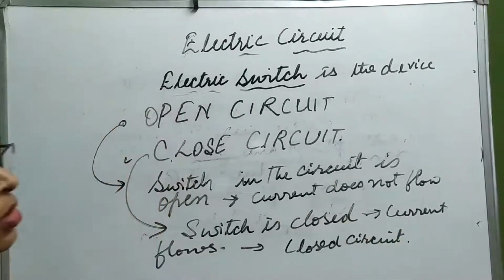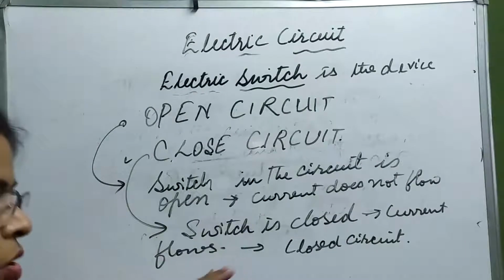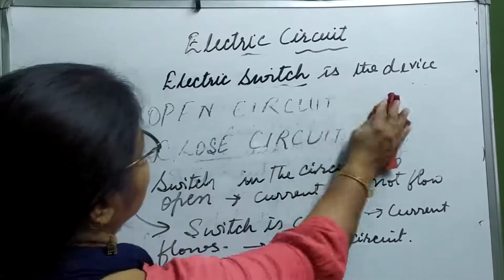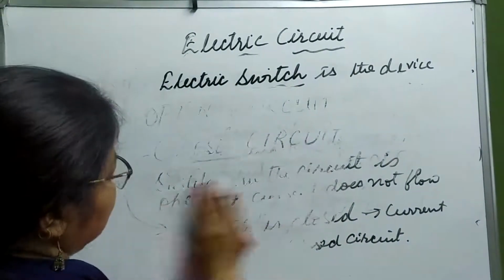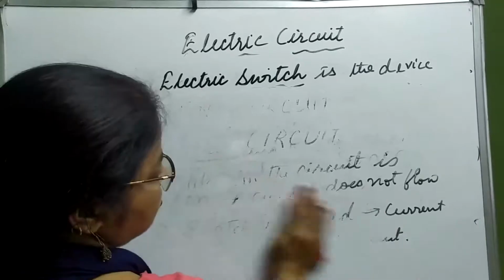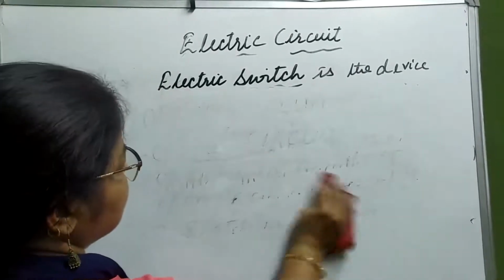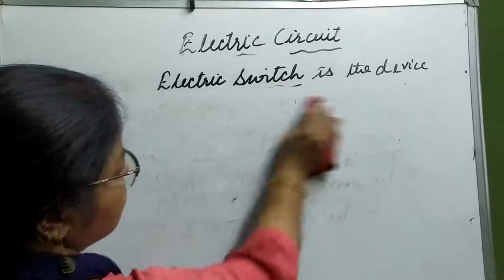Fine everyone. So how to represent them? We can show them with the help of a diagram. What are the components of the circuit? First of all, remember this.